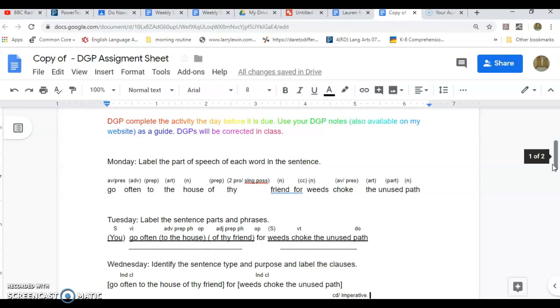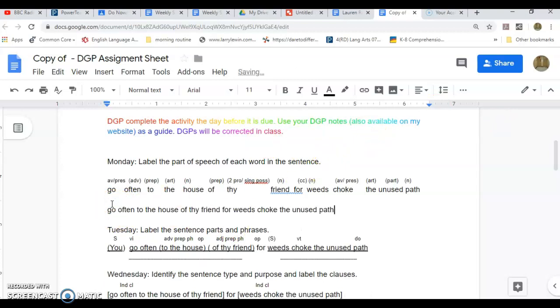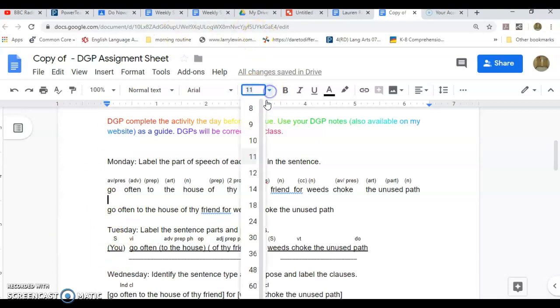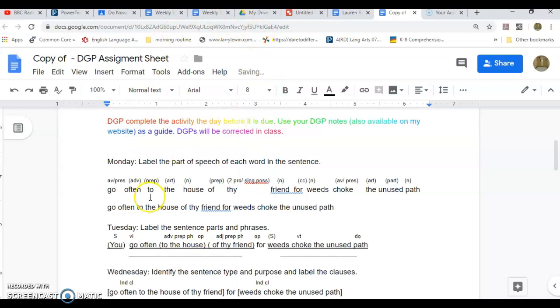Okay, so what I did was I posted my sentence, right? Just like this. I brought my cursor right above the word that I wanted to identify. And then I made my font an 8. And so I said, well, go. I know go is an action verb, correct?